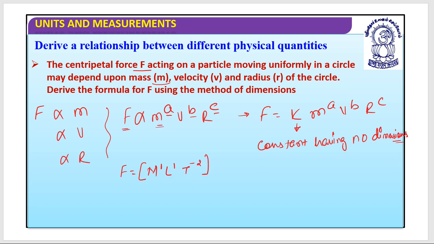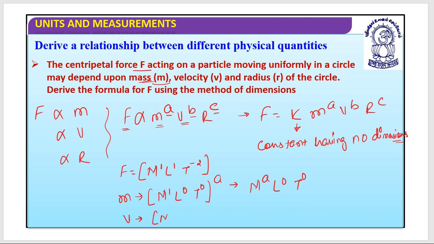What are the dimensions of m to the power a? M is mass, so it is m1 l0 t0 to the power a, so this would be m to the power a, l to the power 0, t to the power 0. Next, v to the power b.